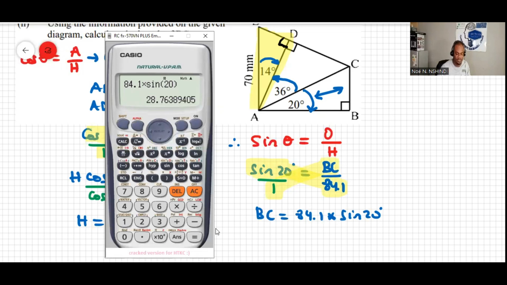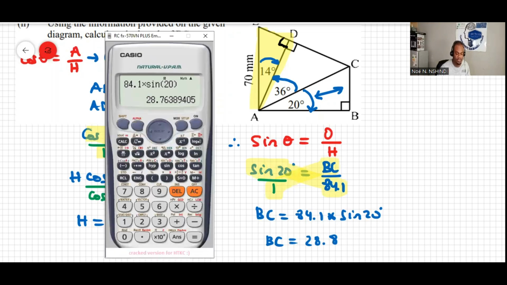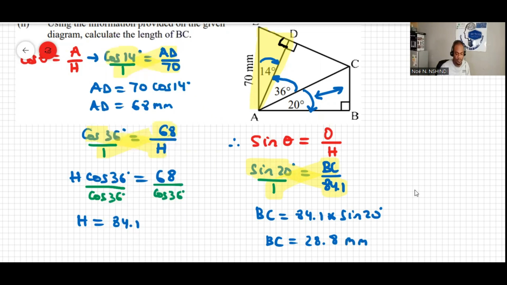That makes BC equal to 28.8. I said 28.8 because we round to the first decimal place, so we increase the 7 by 1 unit. So that's 28.8 millimeters. Good.